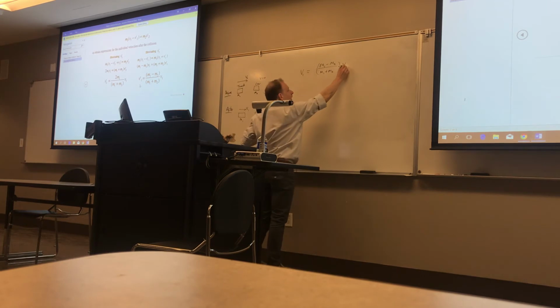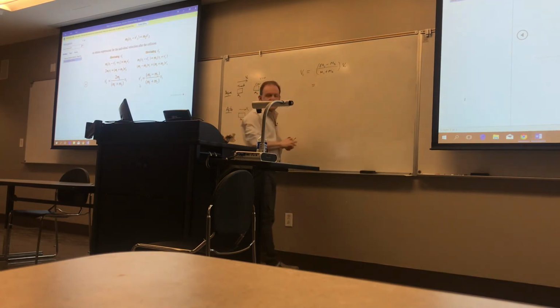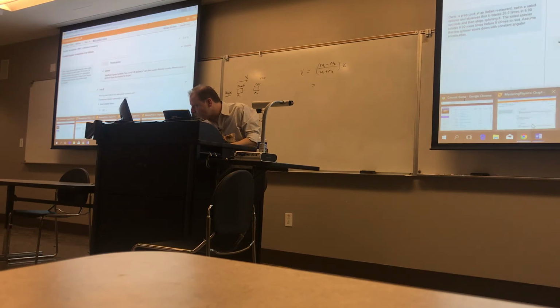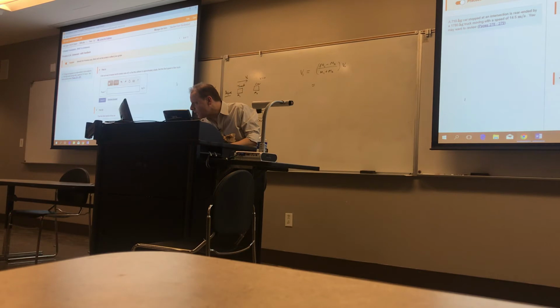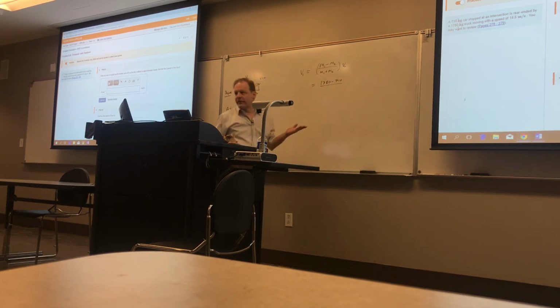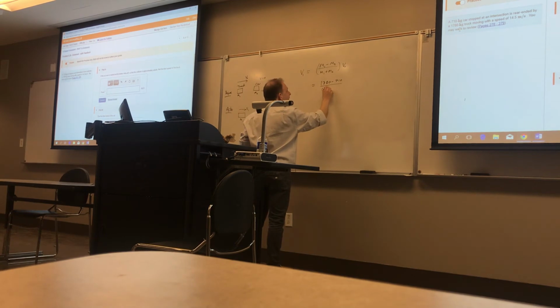So what's M1 minus M2 in this question? The truck is 1780 minus 710. They're all in kilograms, so I don't even need to write kilograms because they're going to cancel, over 1780 plus 710. Do we get a positive answer?